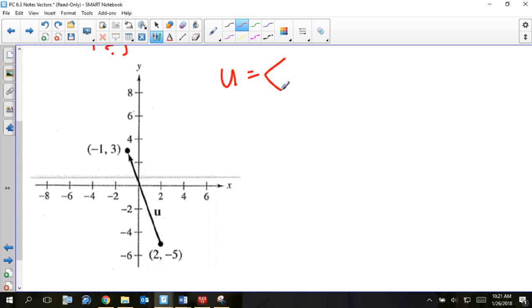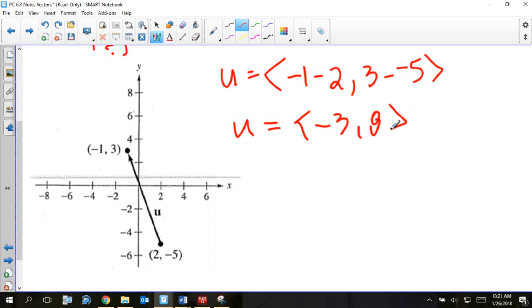So what's the second x? Does it matter? Yes, the arrow tells you. Second x is -1. You subtract the first x. Then you subtract second y minus first y. And we get u is -3, 8. That is the component form. That is telling us that from start to finish, we are going left 3, up 8.